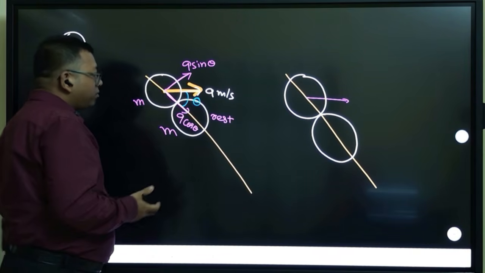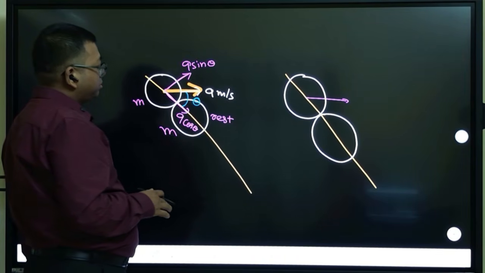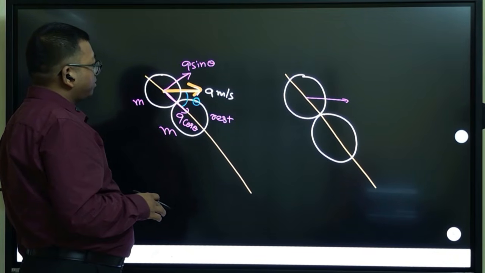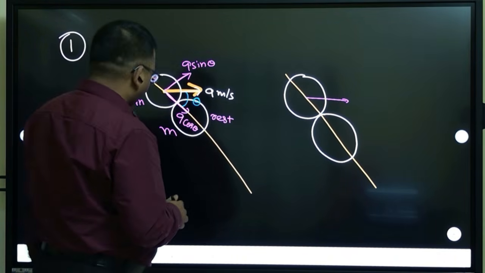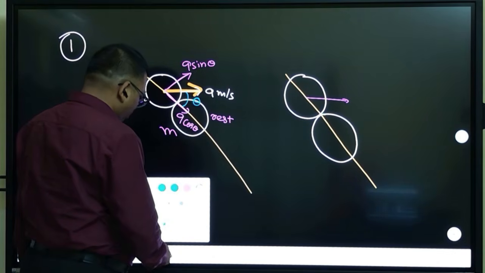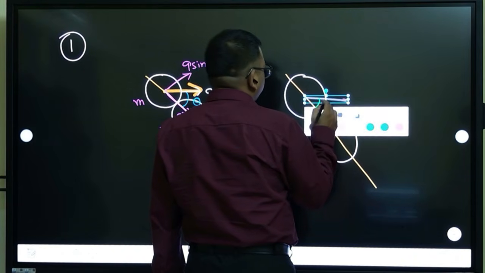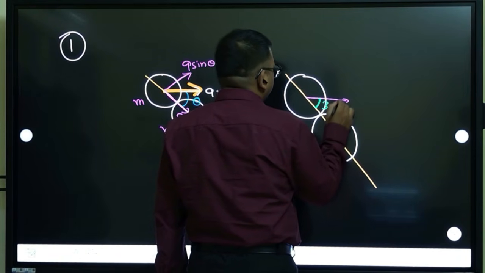So what kind of collision it is? They have not mentioned that, right? Each ball is moving separately. From the original direction, they are moving 30 degrees. This one is making an angle of 30 degree from the original, right?